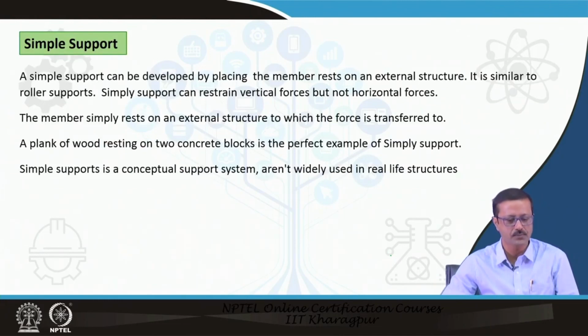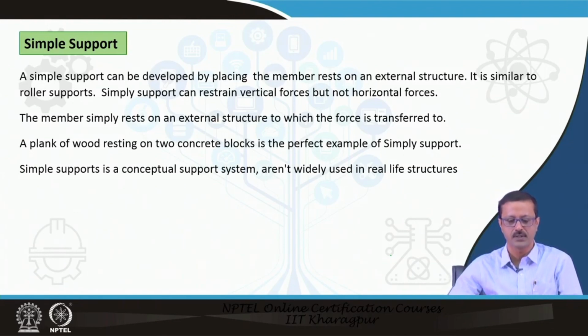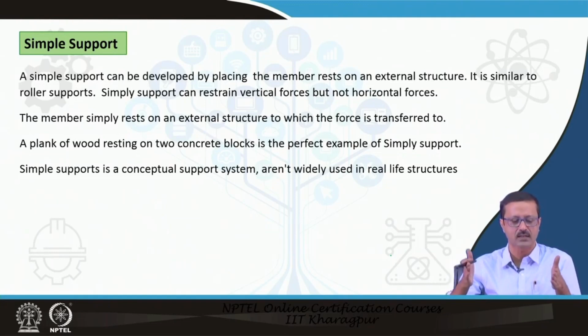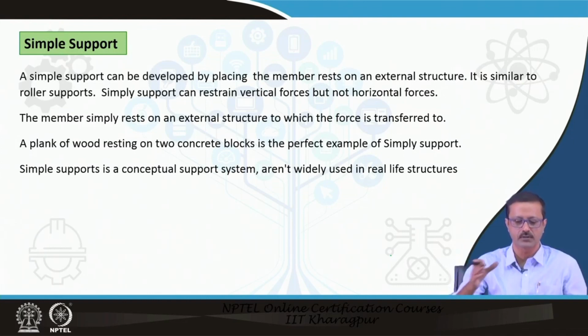Now, there is a support system called simple support. In this simple support, we will not allow any kind of vertical movement, and sometimes horizontal movement may be allowed in one direction but not in the other. So, the particular plank or beam is not going to move from one point to the other.